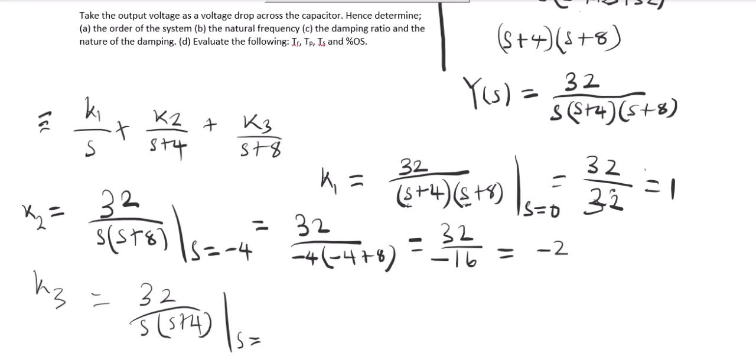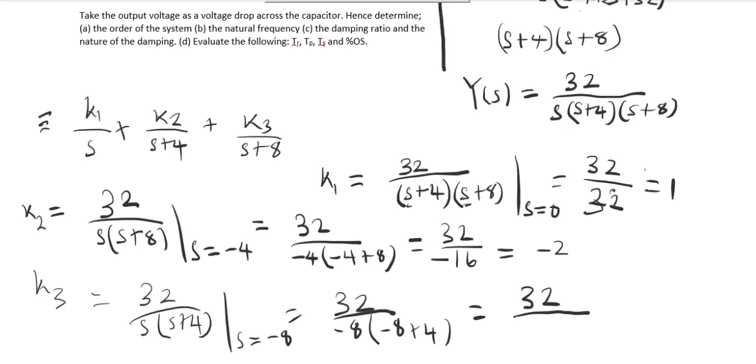So as s tends to minus 8 is equal to 32 over, now we have minus 8 into minus 8 plus 4. Okay, so this is equal to 32 over, now minus 8 plus 4 is minus 4 times minus 8 is 32. So this is equal to 1.